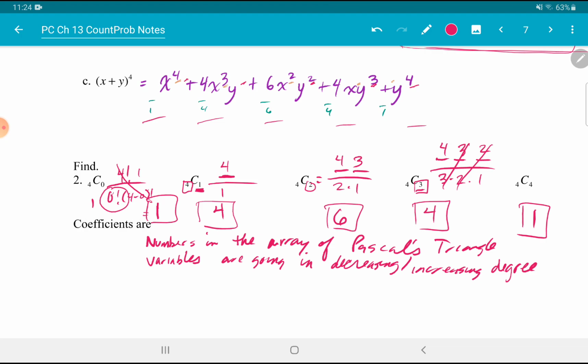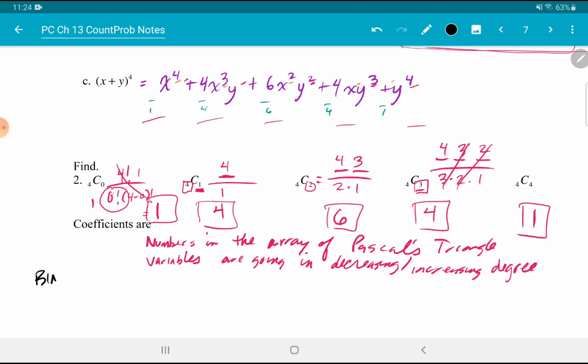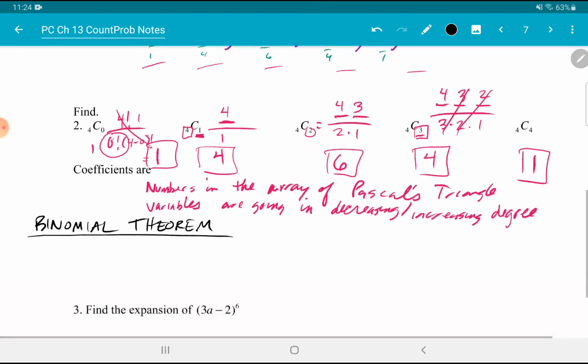And what we're developing is basically something called the binomial theorem. It's called the binomial theorem because if you are having a certain number of binomials being multiplied together, like x plus y to some power, you can form this really long expression with the patterns.